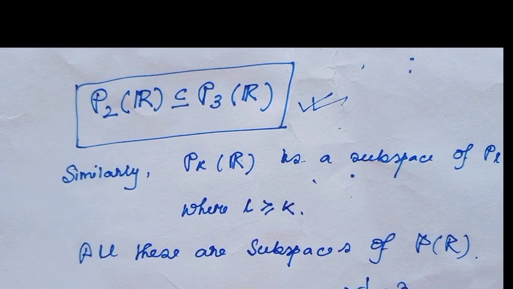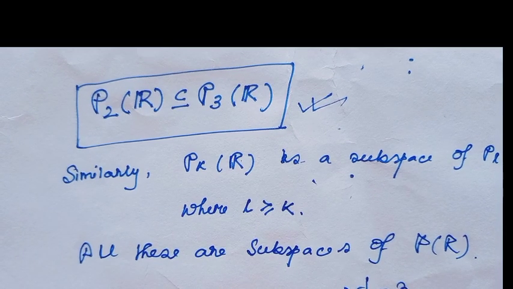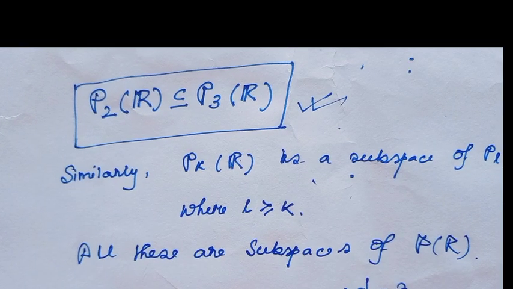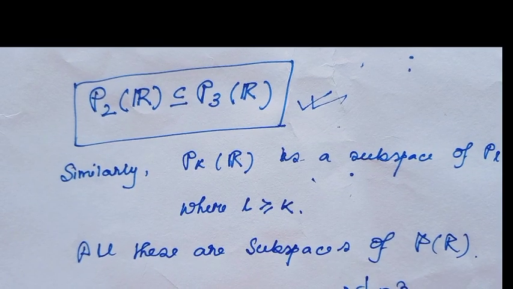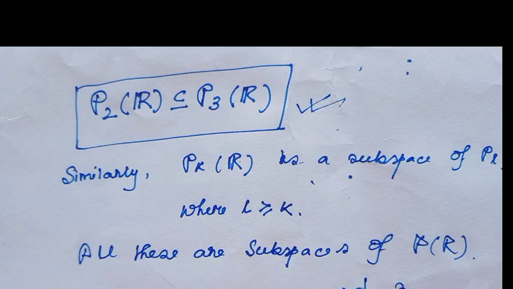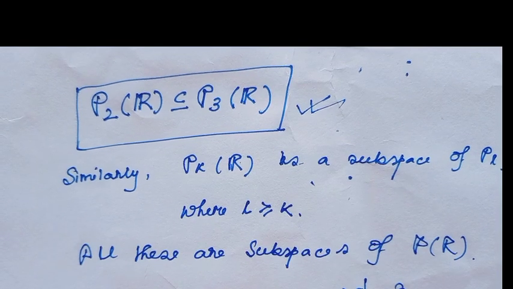Since this is a subset of polynomials of degree 3, P2 over the field R is a subspace of P3 over the field R.